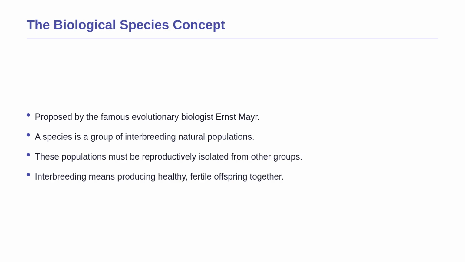Now that we understand the need for a sorting rule, let us look at the most widely accepted framework in evolutionary biology, the biological species concept. Originally proposed by the famous evolutionary biologist Ernst Mayr, this concept provides a clear, testable definition.